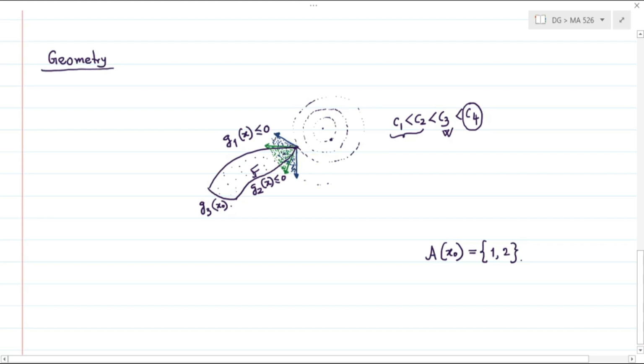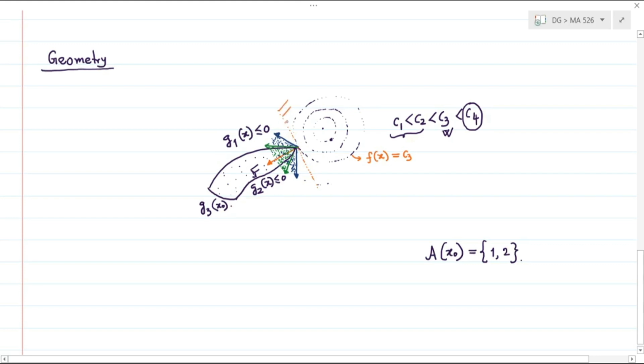Fine. Now at the optimum point x0, what is your cone of descent directions? Here you note that the gradient direction is obviously outward normal to the surface of f(x) = c3, right? And the outward direction gives us this one, and it is perpendicular to the tangent at the point x0 to the surface of f(x) = c3.